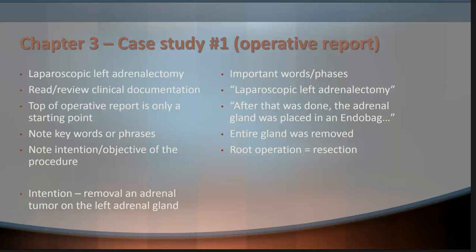So in this particular case, the patient has been found to have a left adrenal tumor. We're just coding the procedure side, so the fact that the patient has a benign or malignant tumor doesn't impact our code assignment on the procedure side.